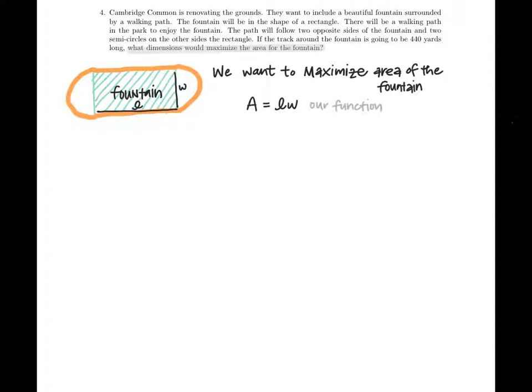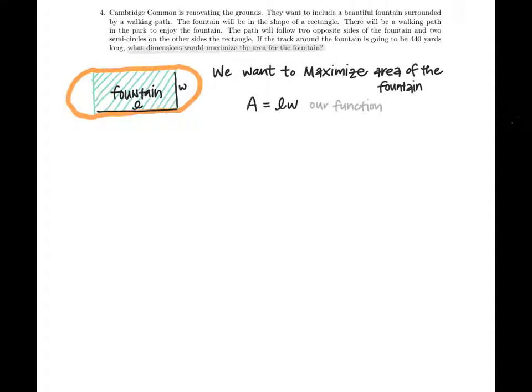The one clause that we haven't quite used yet is this one: if the track around the fountain is going to be 440 yards. That's the last thing that we haven't used. We've used everything else, but it's that piece that will provide this relationship between W and L.